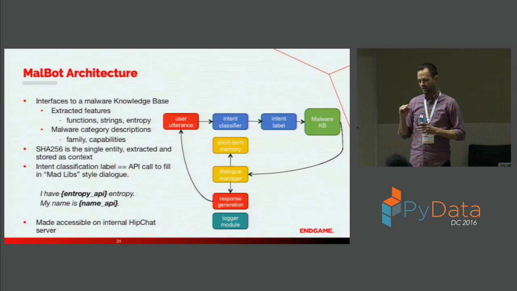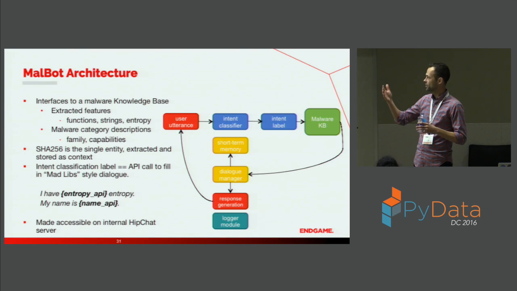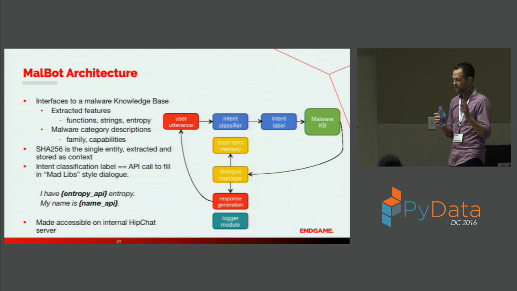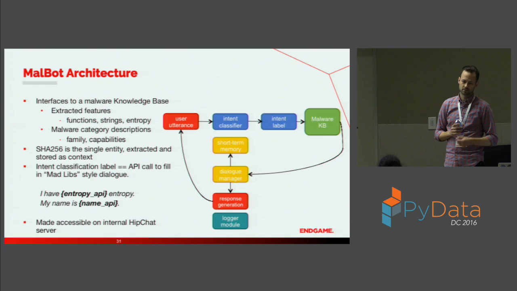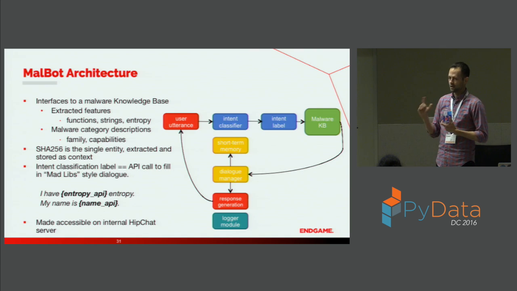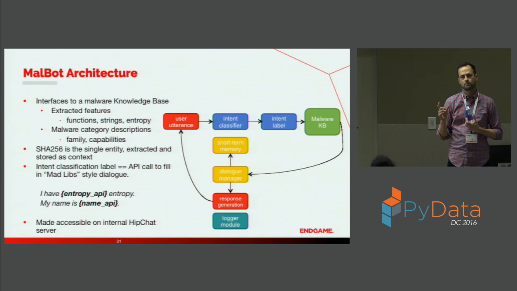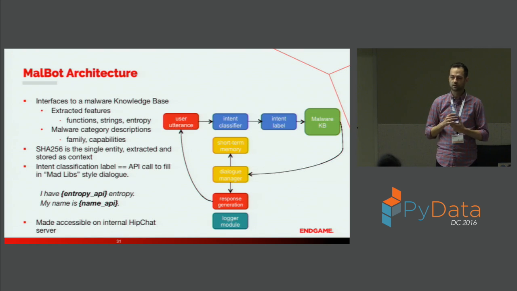So once that's ready, a statement comes back out. It says something like, my persona has been uploaded, please ask me questions. And then the user knows, okay, I can start asking questions about this sample. So at that point, each question that comes in gets tokenized and broken down into features, classified, and an intent label is created. That label maps to an API that maps directly to the malware knowledge base.